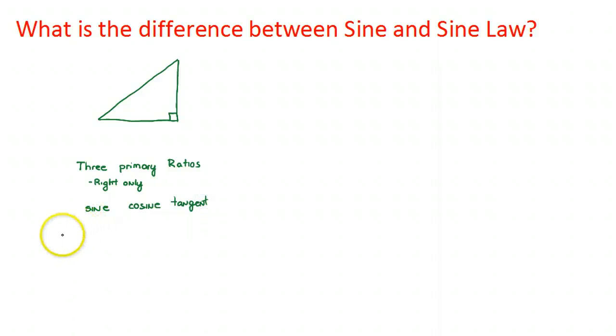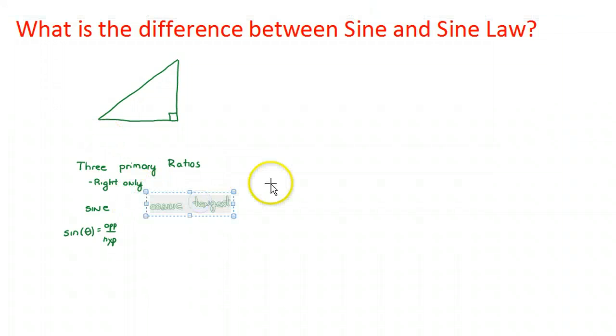And so what we say is that the sine of some angle, if we say the angle is called theta, is the opposite over the hypotenuse.